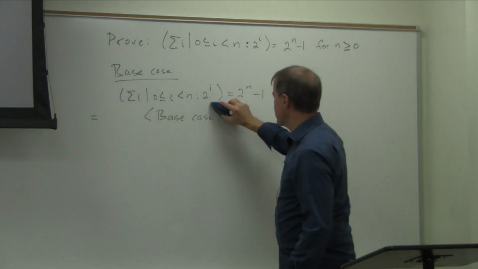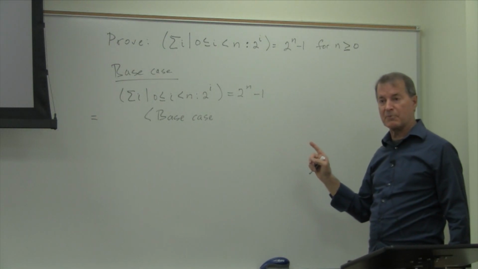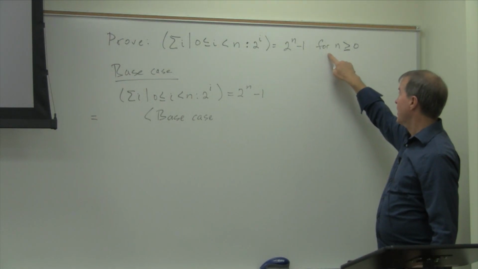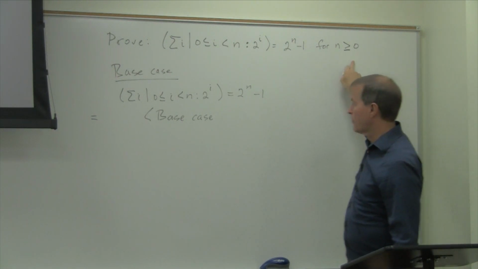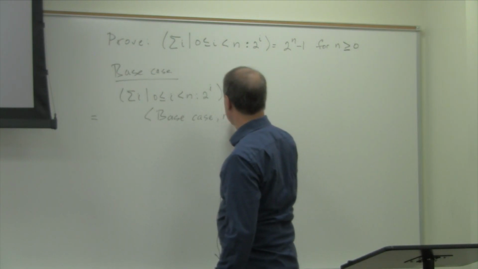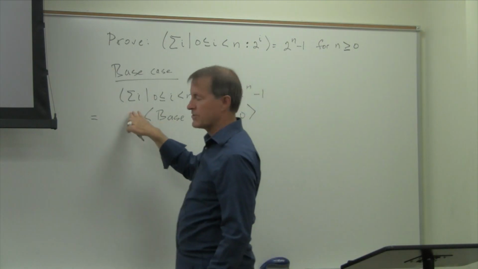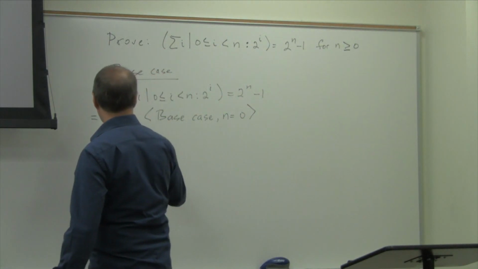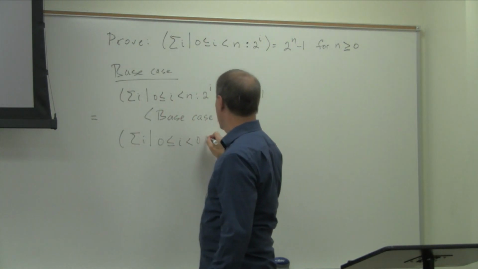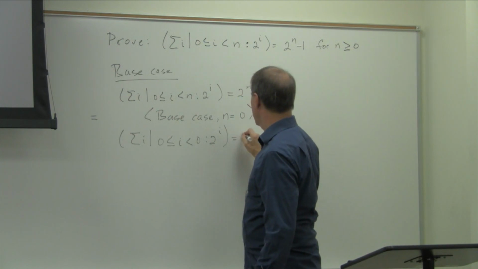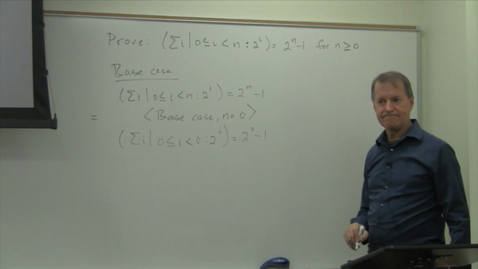Oh, and we have to say what the base case is. How do we know what the base case is? It says for n greater than or equal to 0, so this tells us the base case is 0. So then we just plug in n equals 0: the sum on I, 0 less than or equal to I less than 0, of 2 to the I equals 2 to the 0 minus 1.